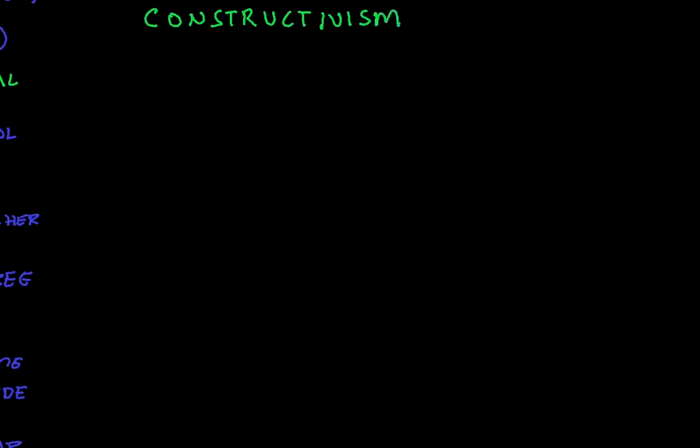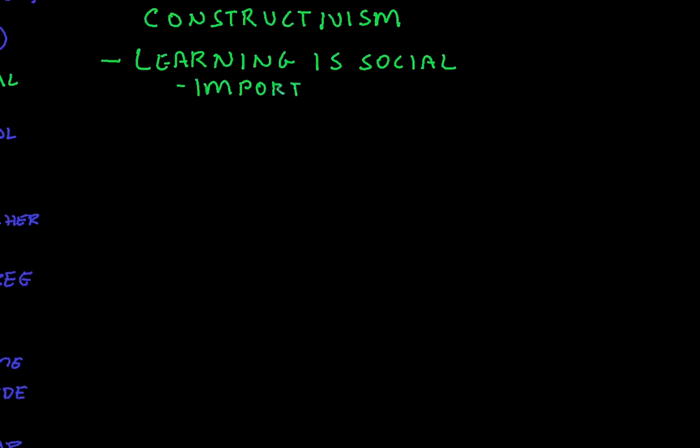And this is really rooted in constructivism. And maybe even in some cases humanism, though it's often very hard to tell those two things apart. But a main tenet is that learning is social, and social learning is important to academic learning.